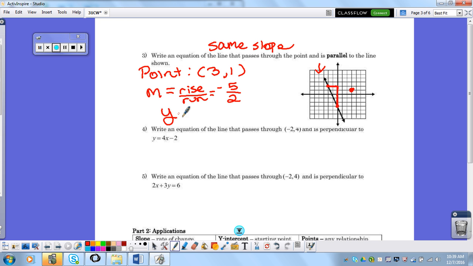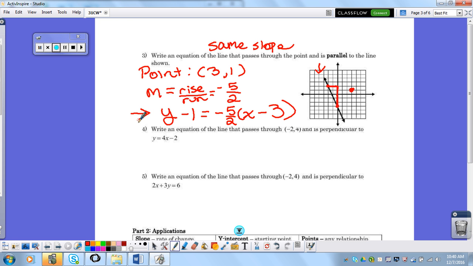So it is y minus 1 is equal to negative 5 over 2 times (x minus 3). And that is it. That is an equation of a line that is parallel to the given line and through that point. If you wanted to, you can get your y by itself and put it into slope-intercept form. But this would be okay.